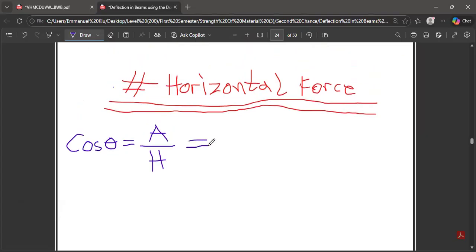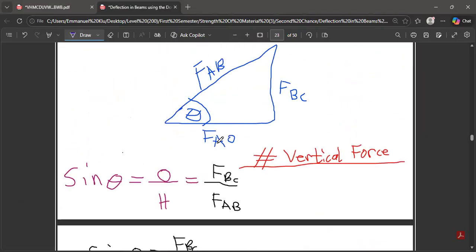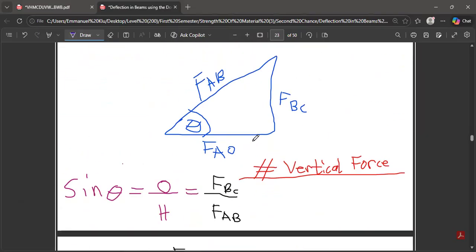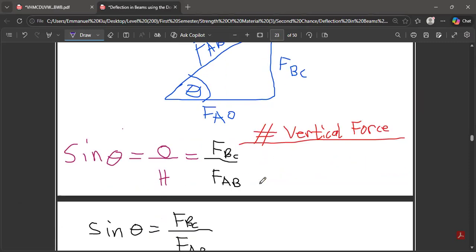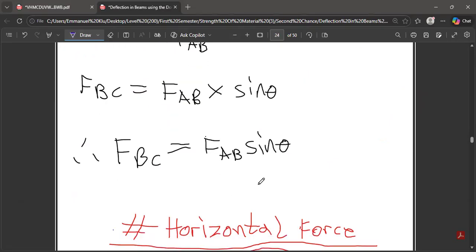If we want to relate it to our topic of study, then our adjacent in this case is going to become FAO over the FAB. So let's quickly put that down together.